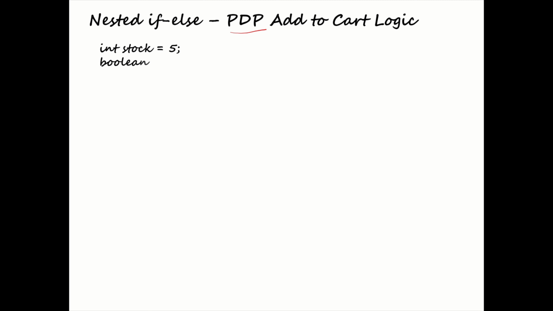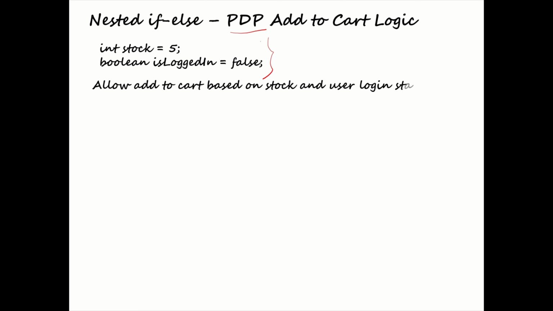I'm going to take a variable stock equal to 5, and whether the particular user is a logged in user or not. We have different kinds of users, like logged in user, guest user, something like that. Based on these two variables, I'm going to write this nested if. My scenario is that I want to allow the user to add to cart based on stock and the user login status.